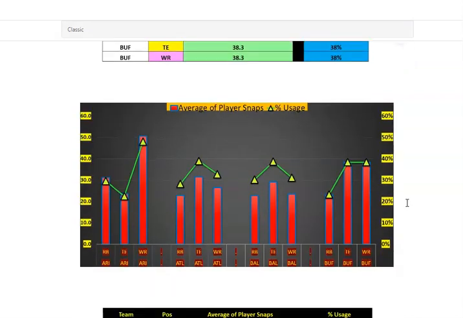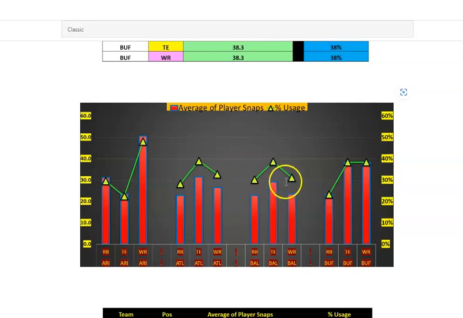And how does that look? We actually see that Arizona is pretty much all about that wide receiver. You can see the pattern there. Whereas Atlanta and Baltimore are all about that tight end usage.